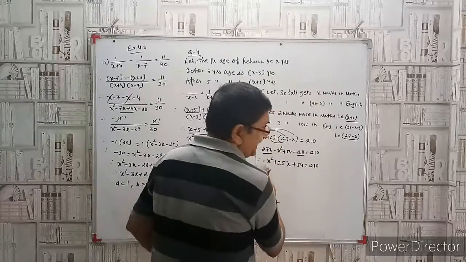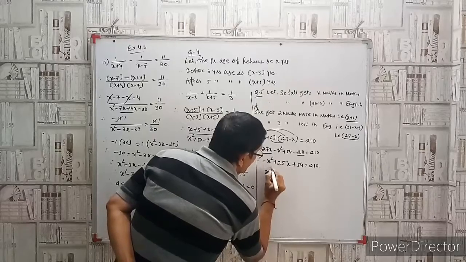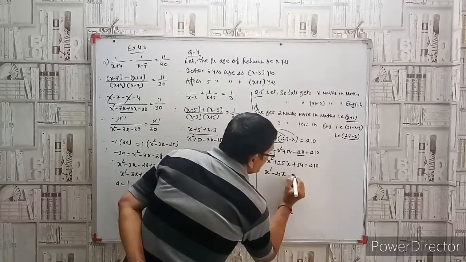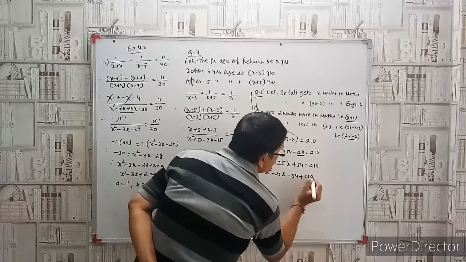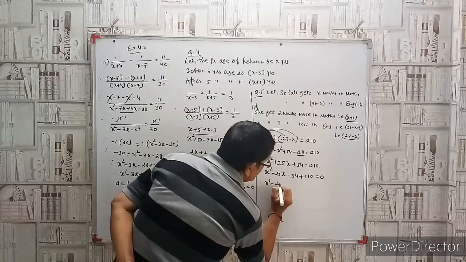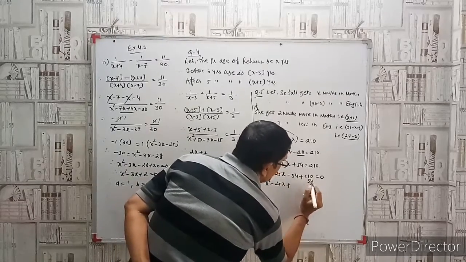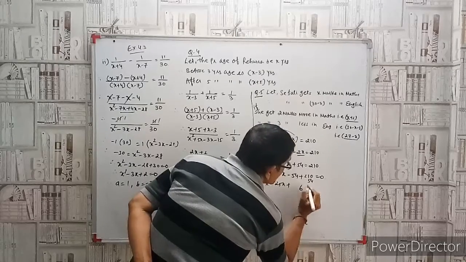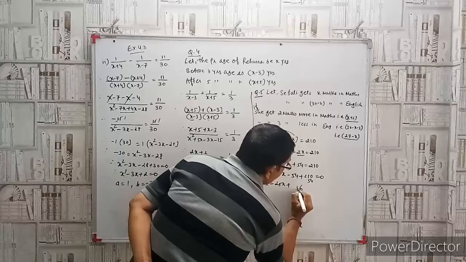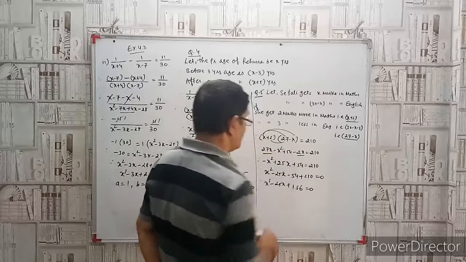Now x square is negative, so we have to switch over to the right side. So it is x square minus 25x minus 54 plus 210 is equal to 0. So it is x square minus 25x plus, from this 54 we have to subtract, so it is 156.